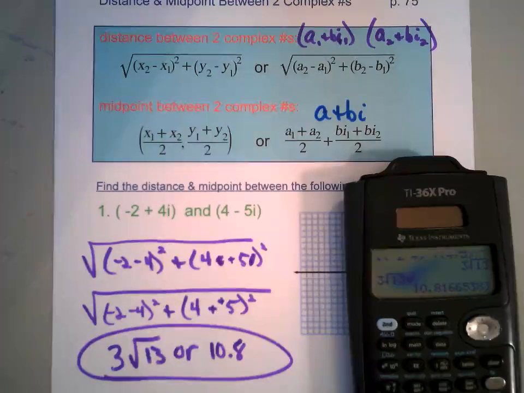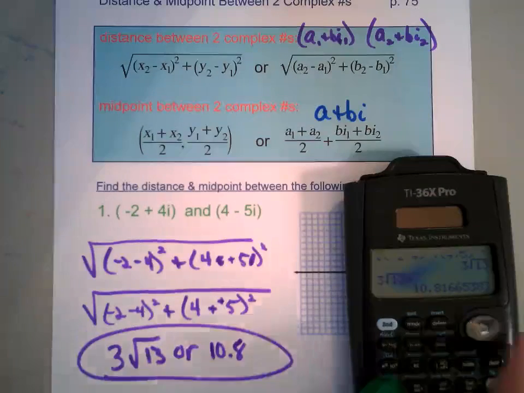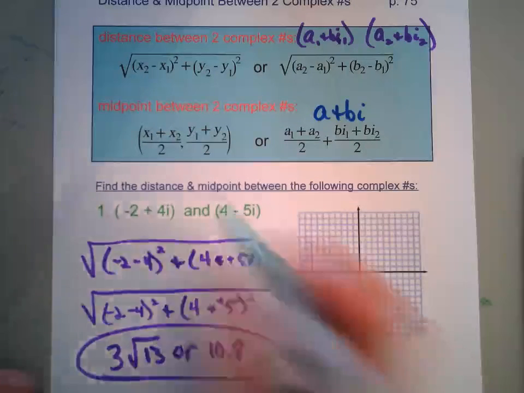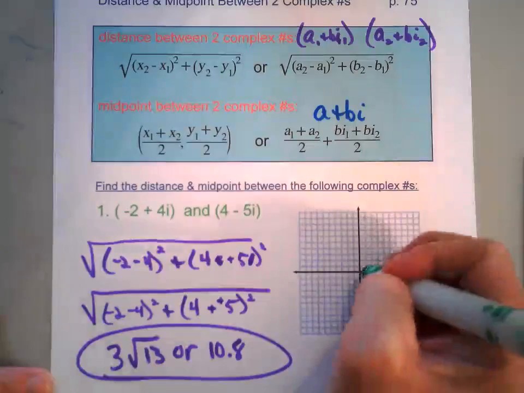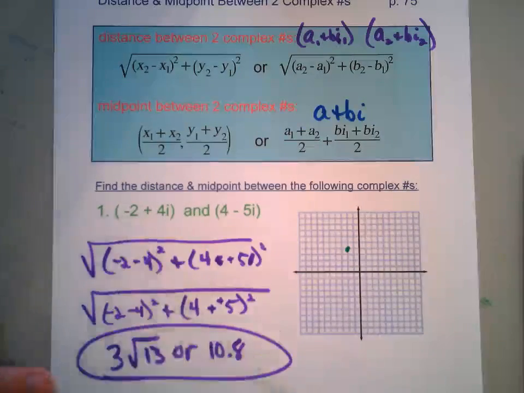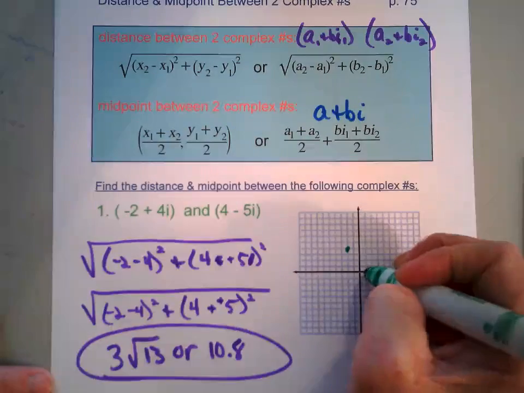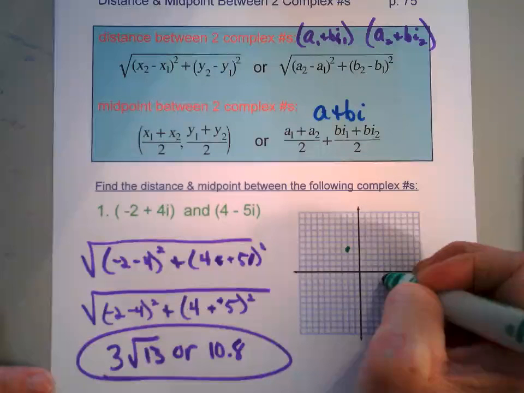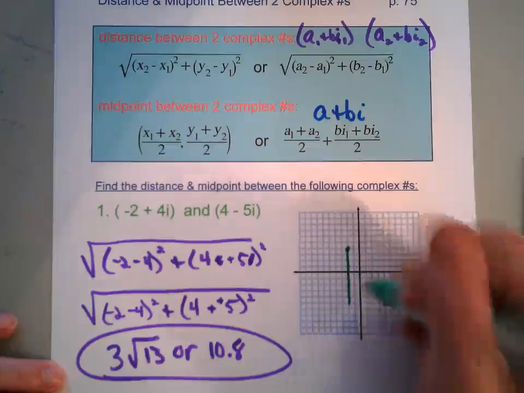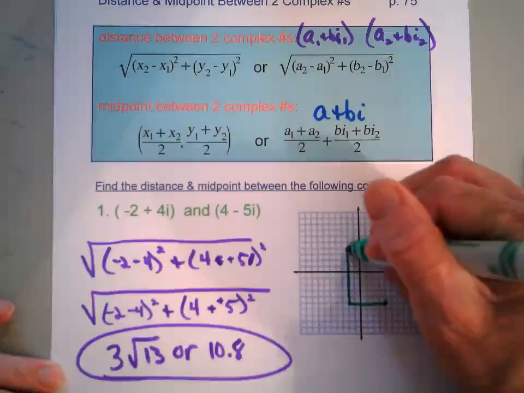Okay, so let's do midpoint. Well, I told you I would show you another way to do distance. If you've paid any attention to me at all this entire semester, you know that I like the Pythagorean theorem. So if we plot these points, negative 2, 4 is the first point. The second point is 1, 2, 3, 4, 5. We draw the right triangle between the two points.